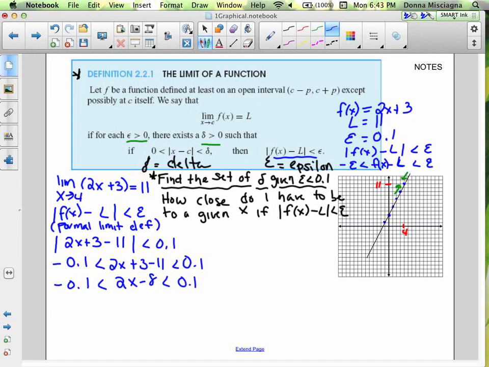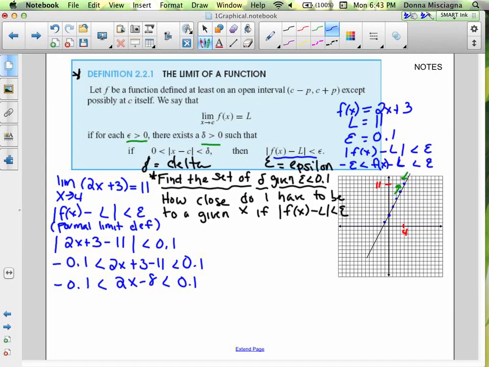Now we're just going to solve for x. We need to move that 8, so we add 8 to everything, because we're trying to find those x values that ensure we're no more than 0.1 away from our limit.